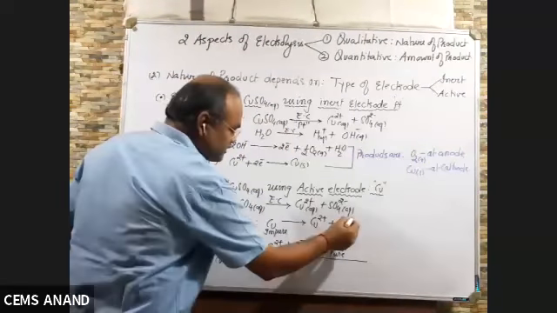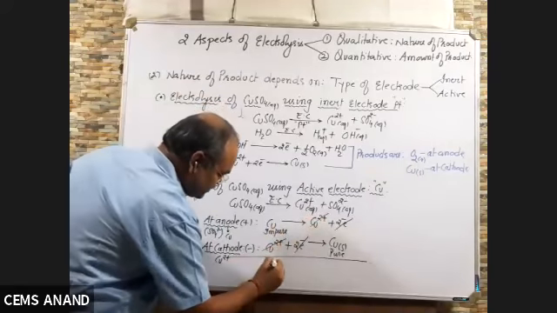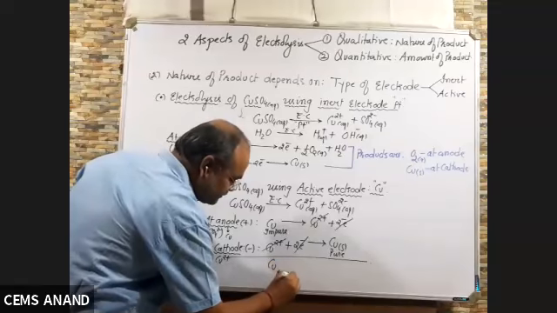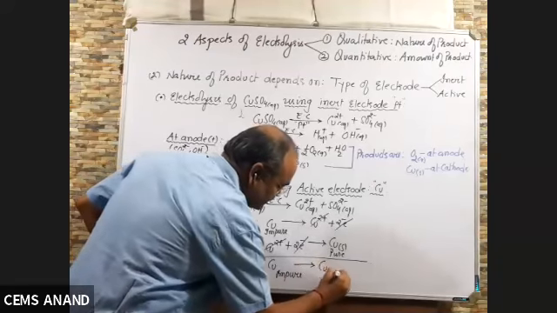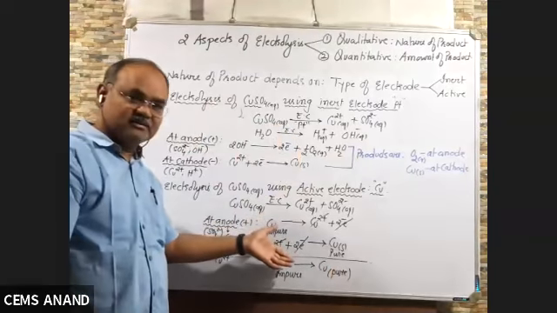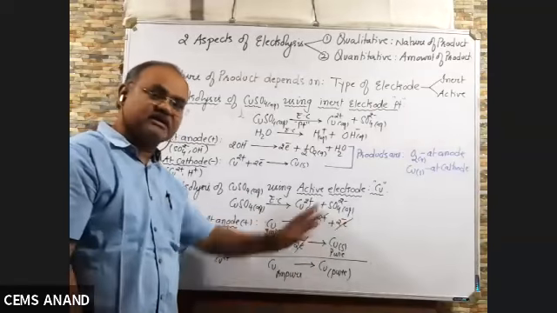The net reaction: 2 electrons cancel, Cu2+ cancels. Impure copper gives pure copper. That impure copper is taken as anode, pure copper is taken as cathode.